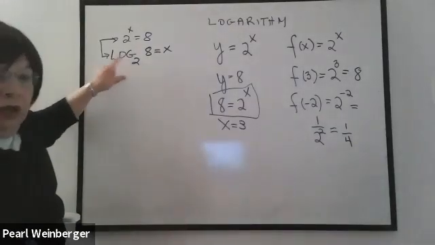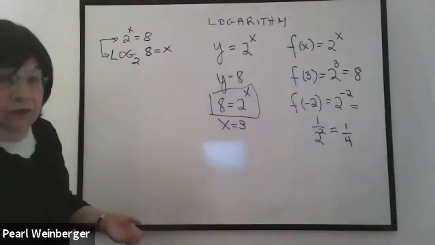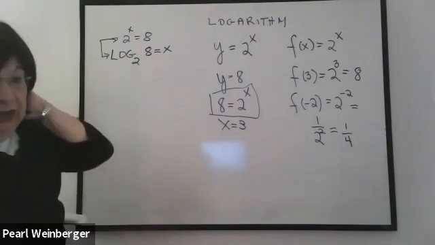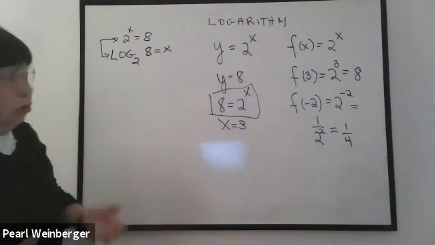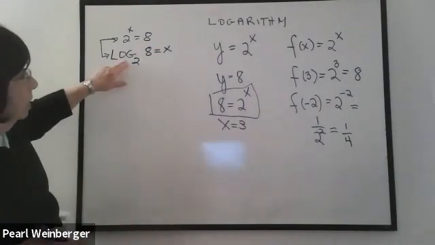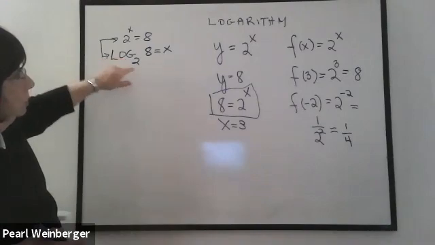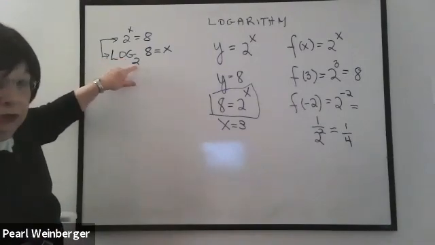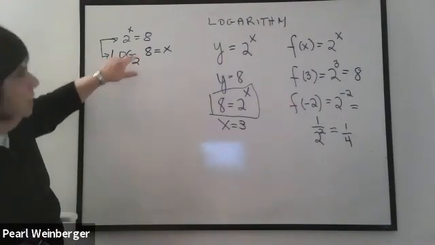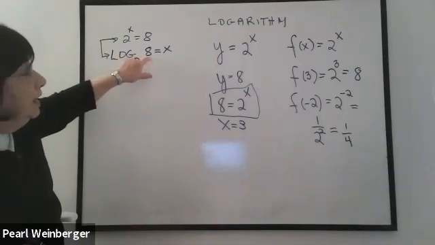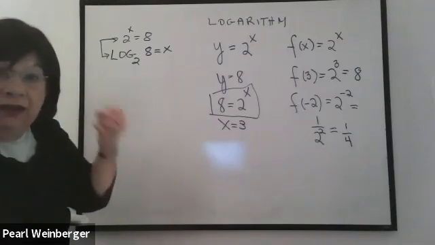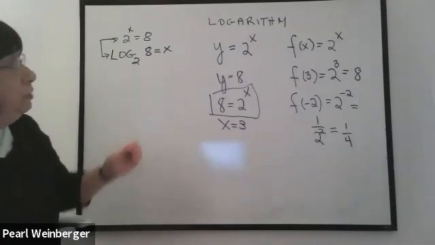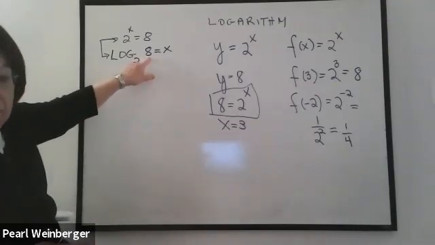The word log is really another word for exponent. It's called log because it's not in the exponential form. The log, which is the exponent that you put on the base 2 to get the answer 8, is x. In other words, we're trying to figure out what exponent we should use to get this answer.